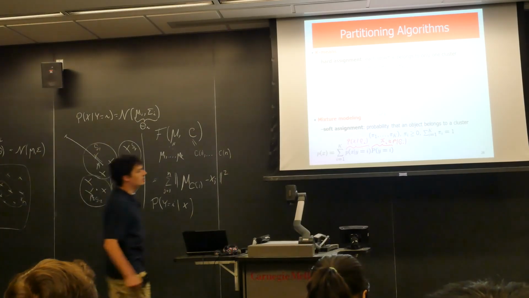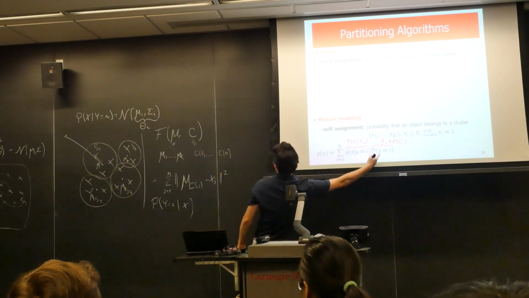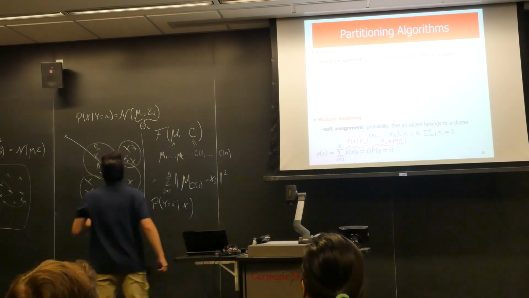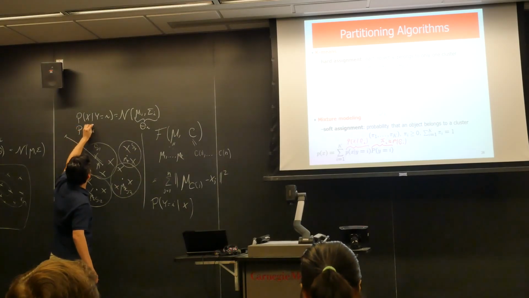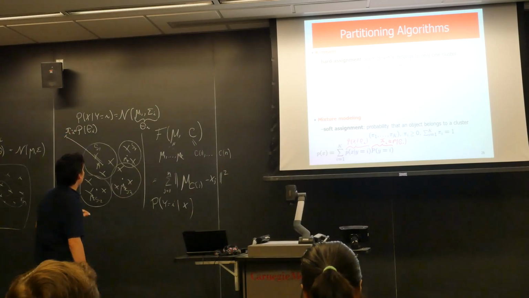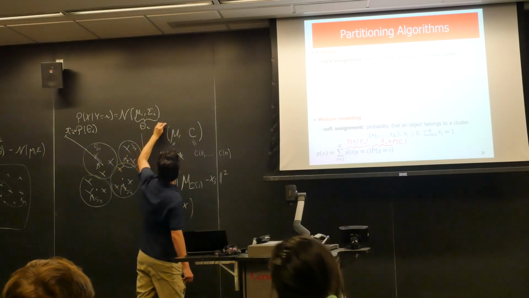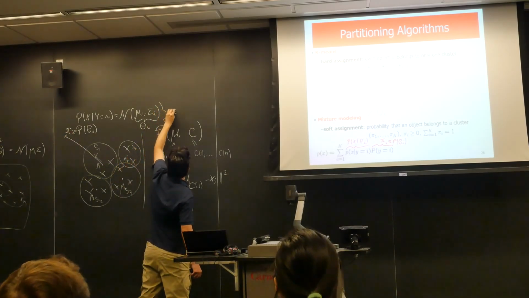If I estimate the probability of the classes, which I just denote with pi i, then using Bayes rule, I can even calculate these quantities.